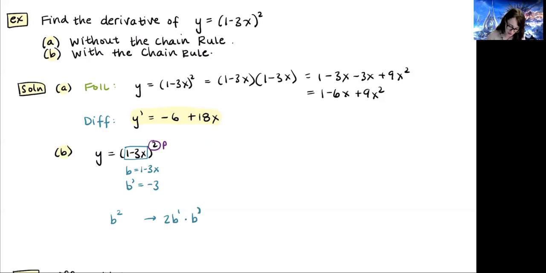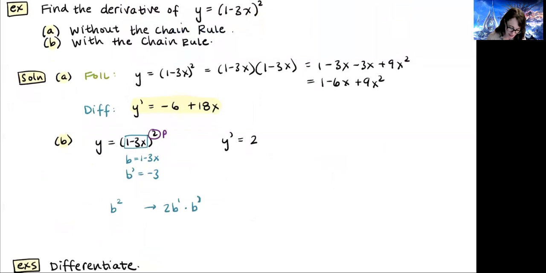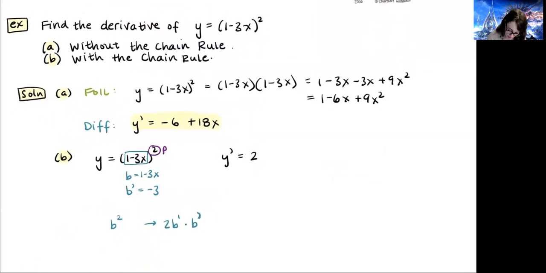If we're going to find the derivative of the whole function, y prime, the 2 comes down and multiplies, just like normal. But now look here, in the formula for the general power rule, the base stays the same. We only differentiate the inside at the very end. So the base is going to stay as 1 minus 3x, and then we subtract 1 from the power, so it'll be to the 2 minus 1.